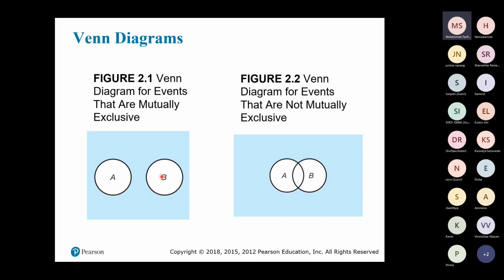But most of the time, the customer can also buy both. The customer can buy a shirt and also buy trousers together.